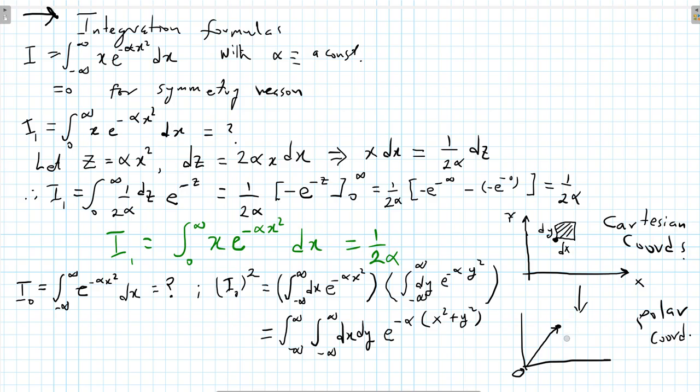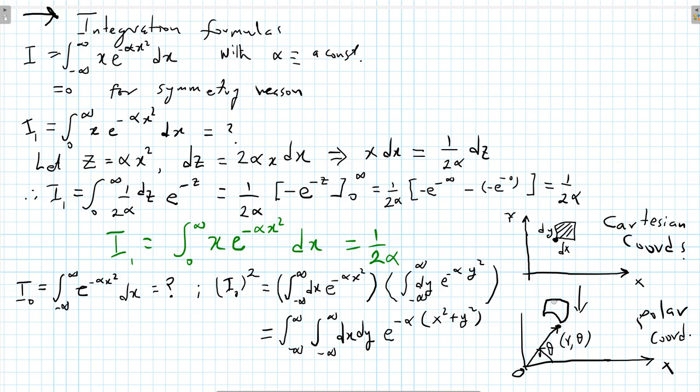Theta is the angle between the line connecting the point and the origin with respect to the direction of the x axis.